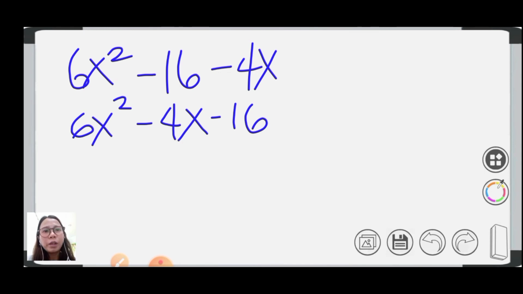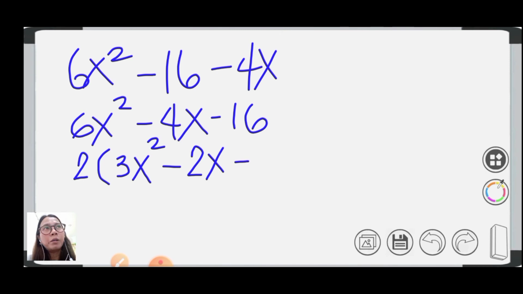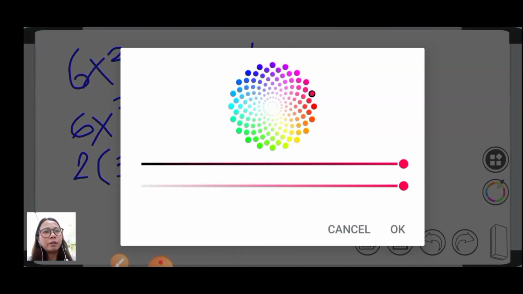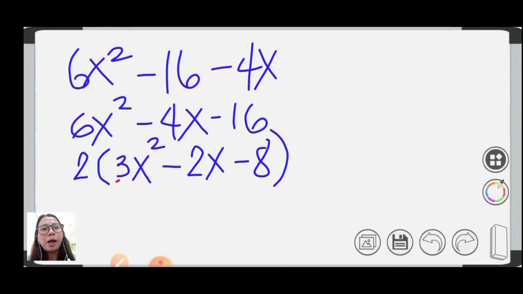Let us factor it. So we have 2 times the quantity of 3x squared minus 2x minus 8. So the numerical coefficient of x squared is greater than 1. We must multiply positive 3 and negative 8.